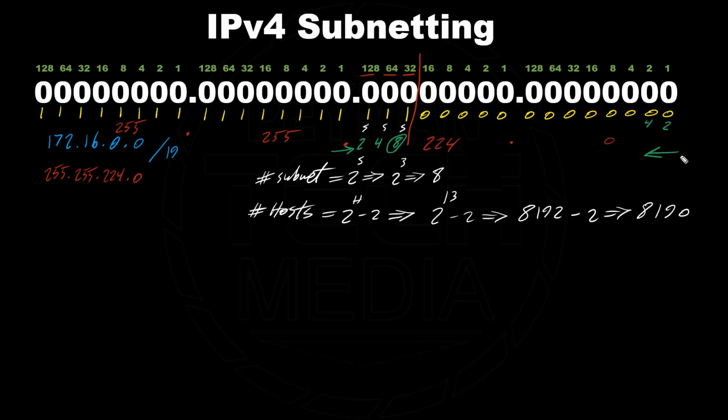And as we talked about here, for the number of available IP addresses, if we go from right to left, starting at the bottom with number 2: 2, 4, 8, 16, 32, 64, 128, 256, 512, 1024, 2048, 4096, 8192. Minus 2, 8190. That's the total number of available IP addresses per subnet, and here we have a total of 8 subnets.